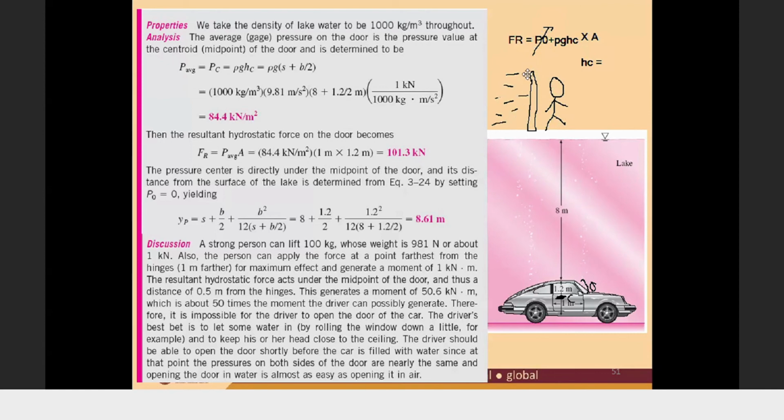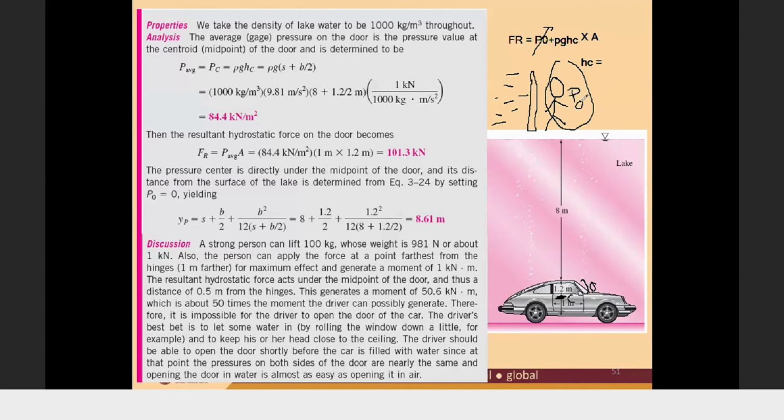The actual pressure here is P atm plus rho GH. But in this case, in the car, there is some pressure, so this is P naught.